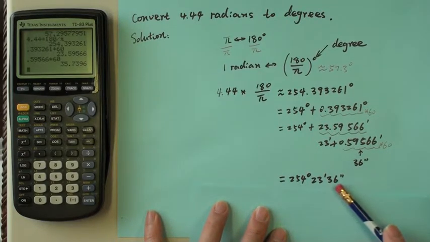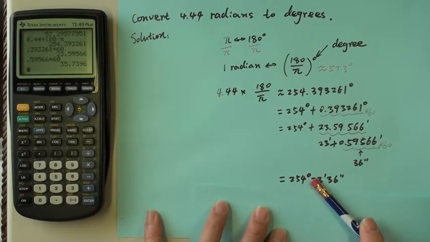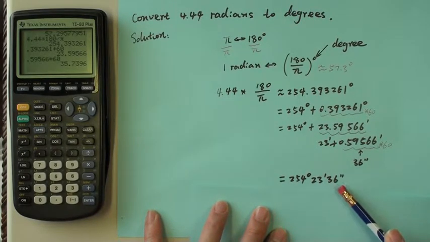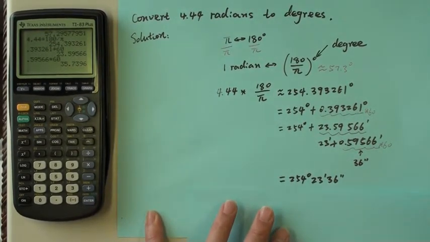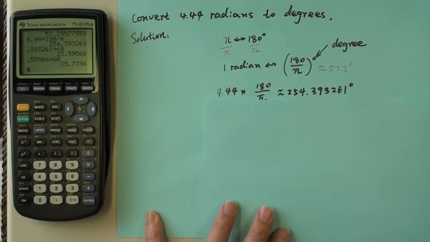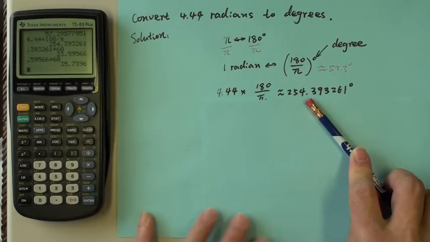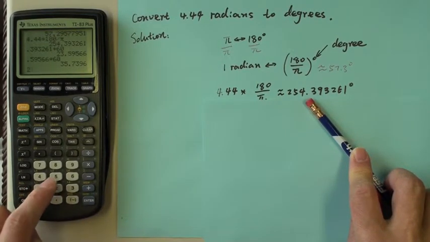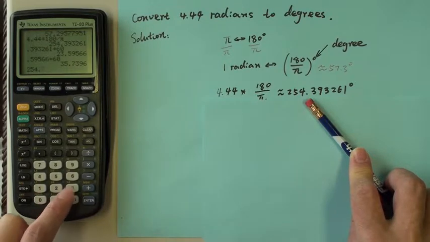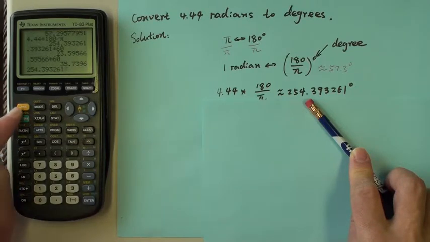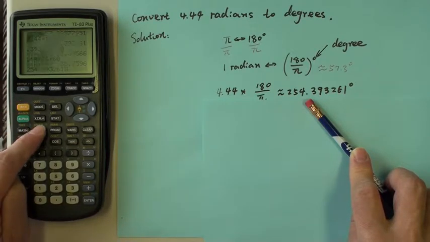Okay, so the final answer is 254 degrees 23 minutes 36 seconds. If you do this by using a calculator, you can basically do from here. You see 254.393261, second degree.